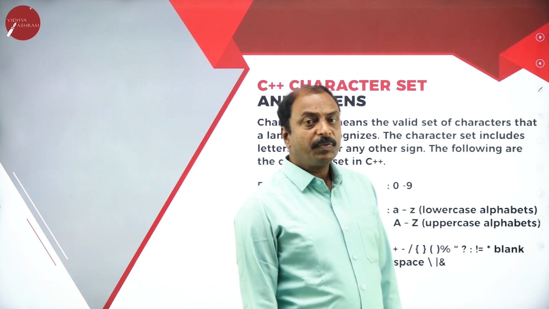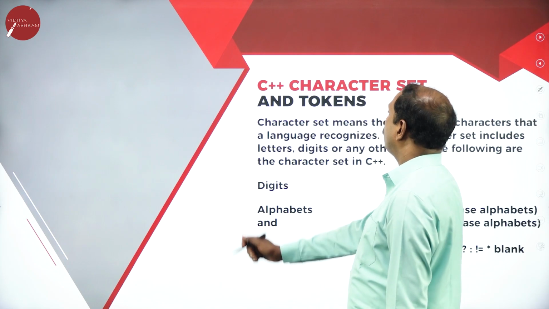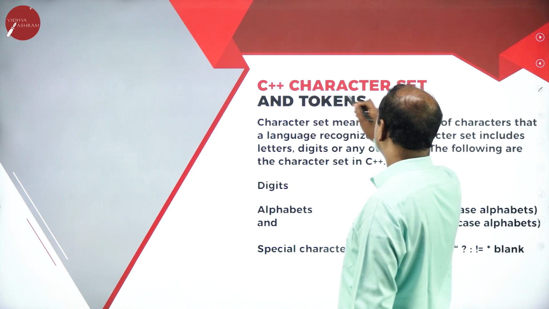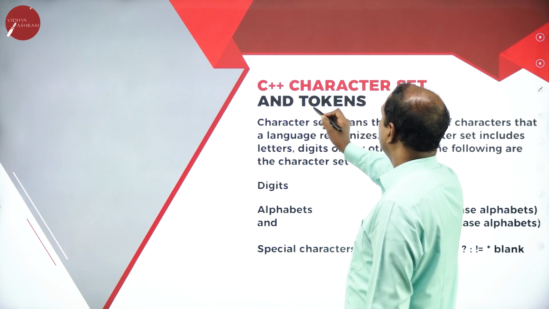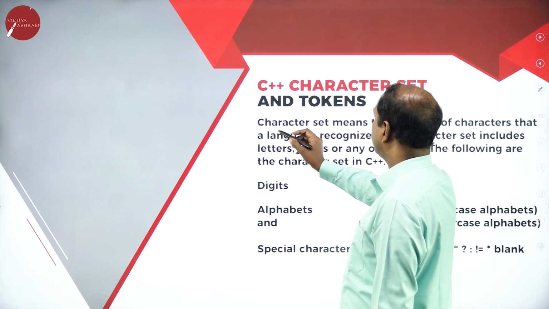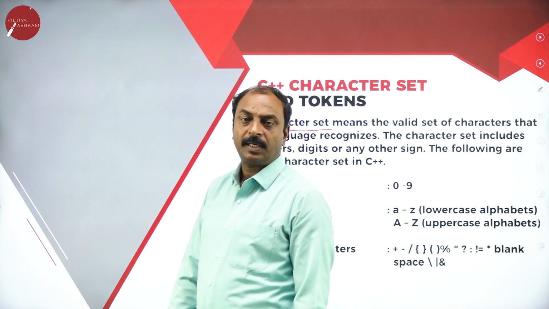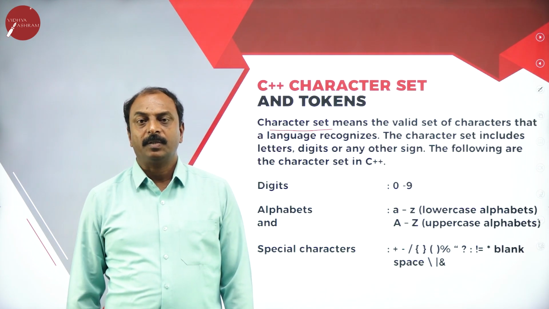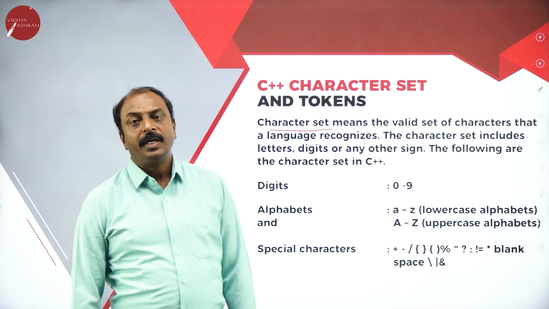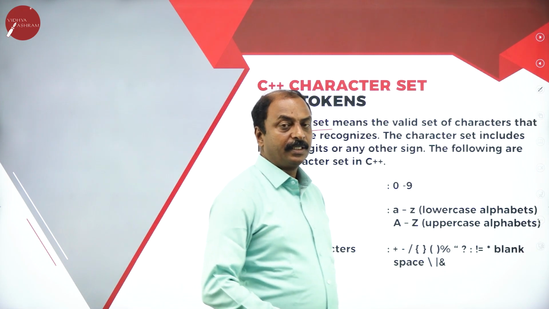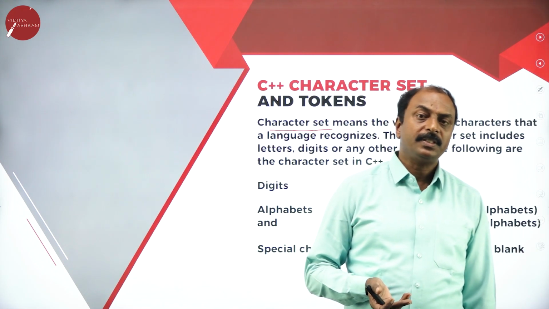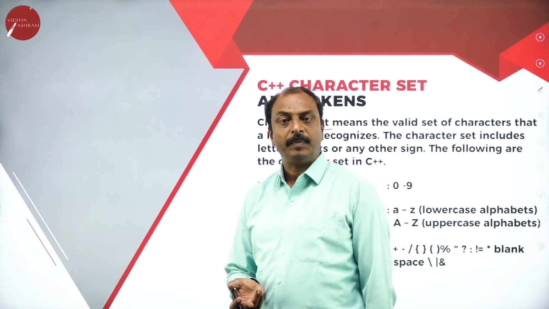Now, next we are going to see the definition of character set and tokens. C++ character set. With respect to programming, we treat everything in terms of characters. So it is a set of characters available in the C++ language for programming.